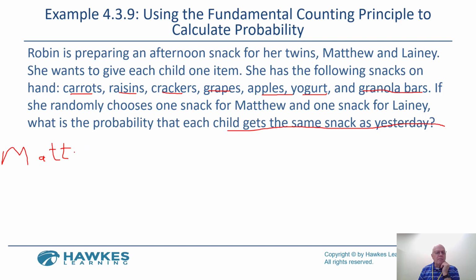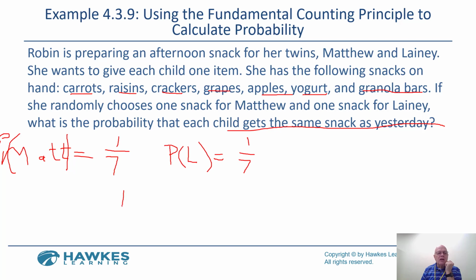So the probability that Matt gets the same: there's only one snack we can choose from if he's going to get the same one. 1 out of the 7. And for Lainey, the probability she's going to get the same snack is 1 over 7.